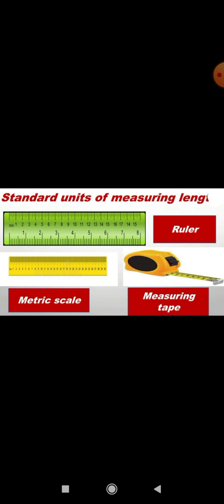A measuring tape is used to measure the length of greater objects, for example buildings, trees. So these are called standard units of measuring length.